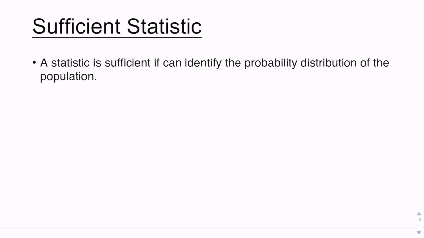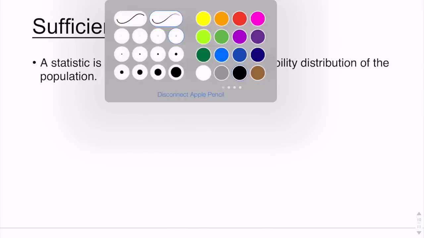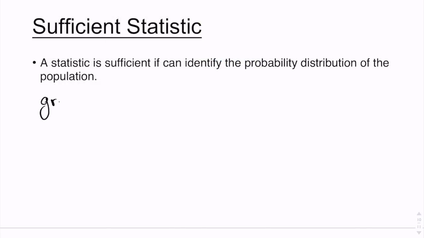For instance, our grades usually follow a normal distribution. As I said, we will talk about distributions in more detail later on, but let's say the grades follow a normal distribution.